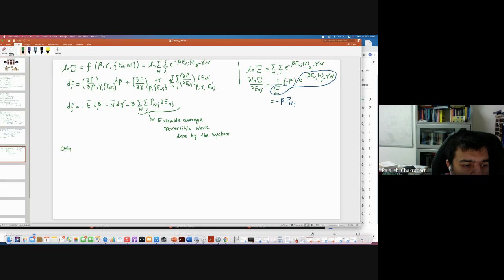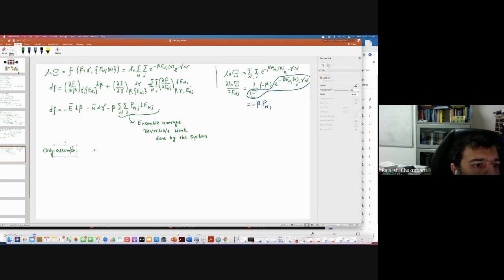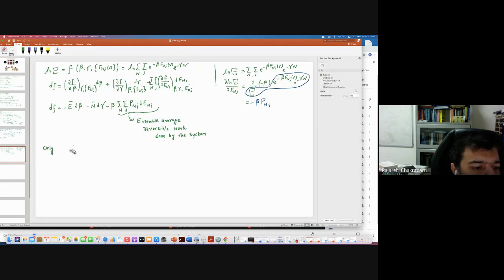Only if I assume PV work, then I can write that df equals minus E bar d beta minus n bar d gamma plus beta P dV.